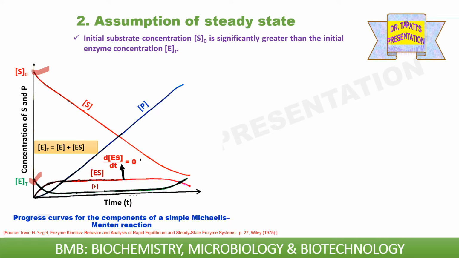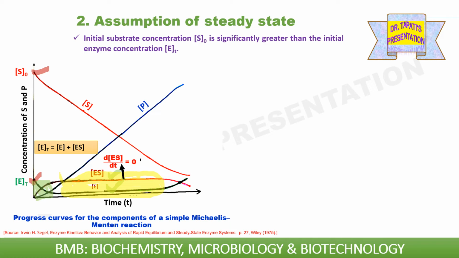With the exception of this region, which is for the transient phase of the reaction, you can see that the slopes of the progress curve for E as well as for ES are essentially zero. In this yellow region, the slope of the progress curve of E and ES is zero.